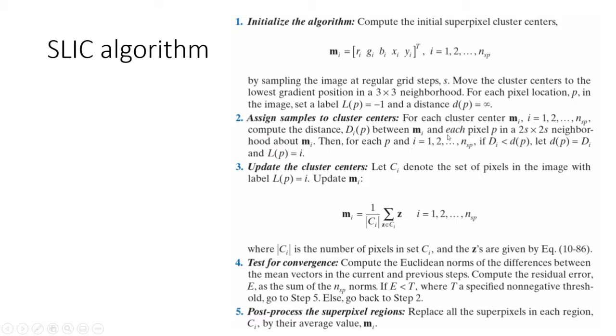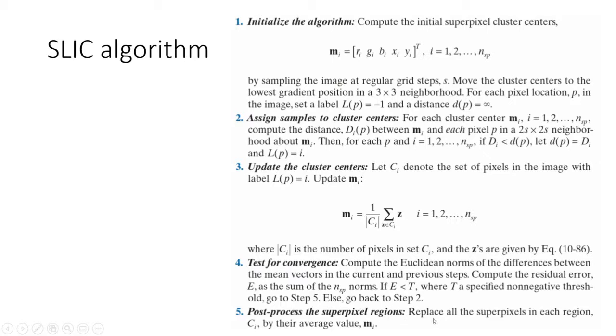Then for each point in this neighborhood, you're going to calculate whether this distance is less than a certain specified distance, because I want it to be within that particular cell in this supercluster. And then we're going to update the cluster centers by picking the mean. Again, that's k-means, right? And test the convergence. I'm going to stop when the cluster movement becomes very small.